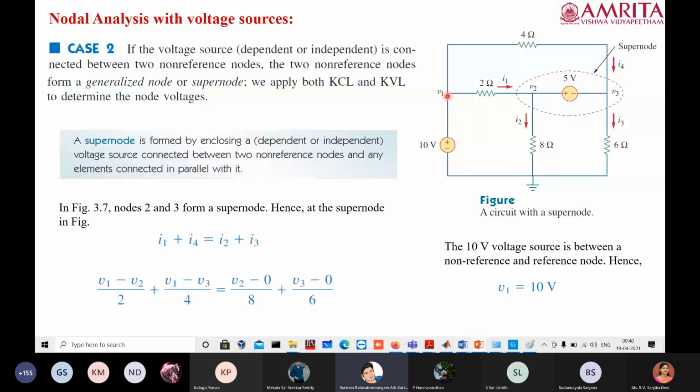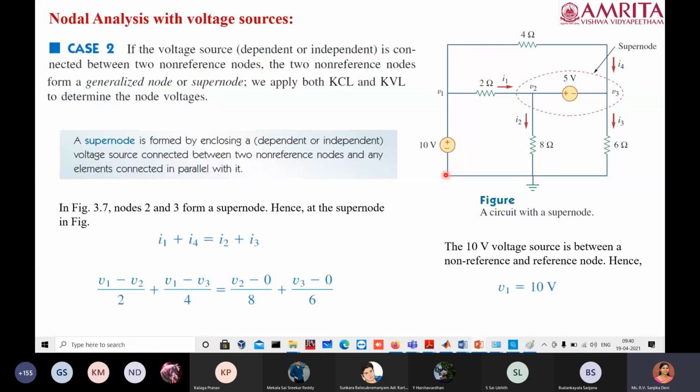If you want to find the current, we should know the resistance in this particular branch. Since there is only a voltage source and the internal resistance of this voltage source is unknown, we cannot write the current for this particular branch.